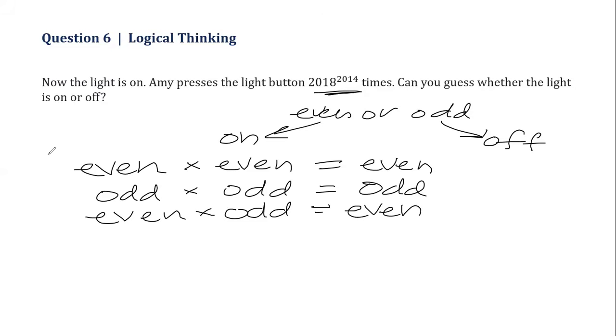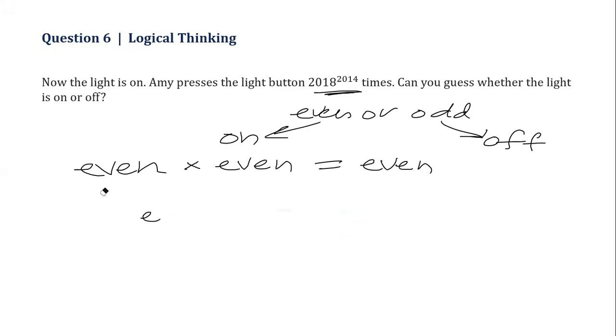In this case, we are just repeatedly multiplying an even number with an even number. So since here we should get an even number, and if we multiply this by an even number, it's still even, and so on and so forth. So now we're sure that this number is even.